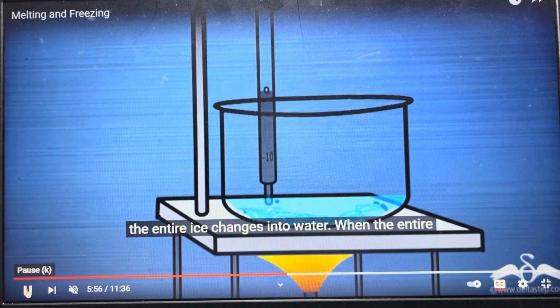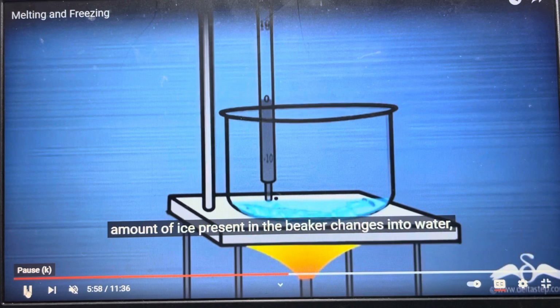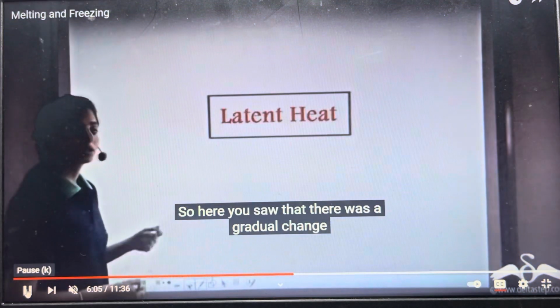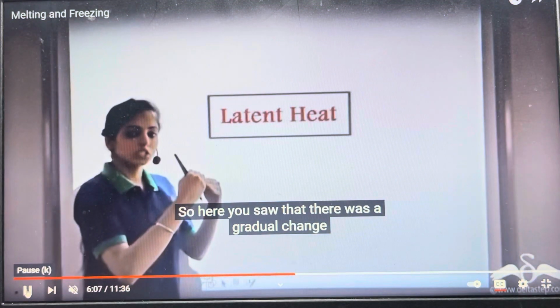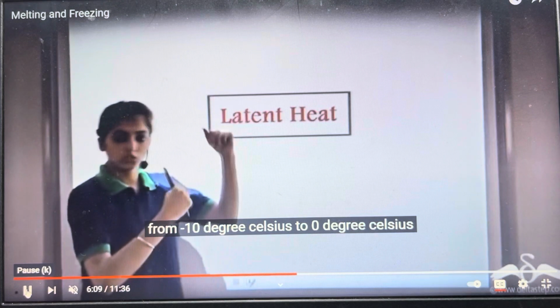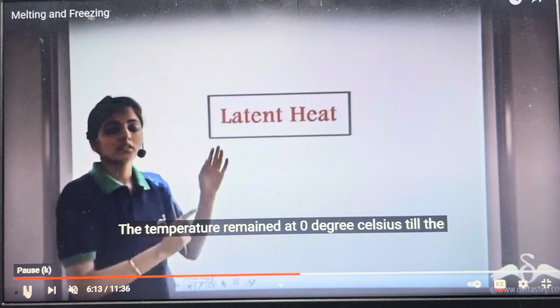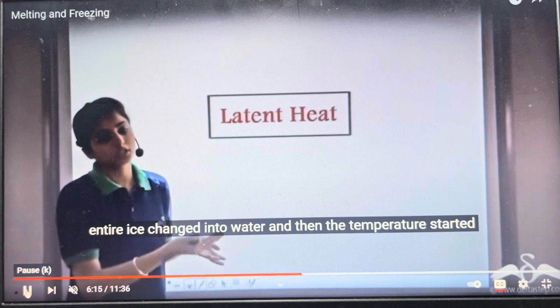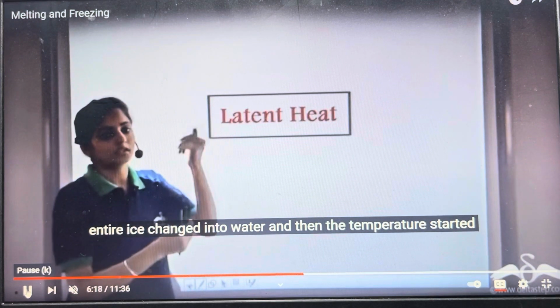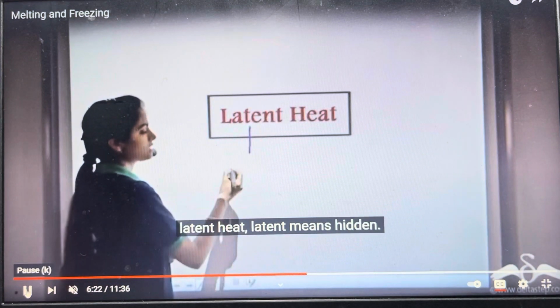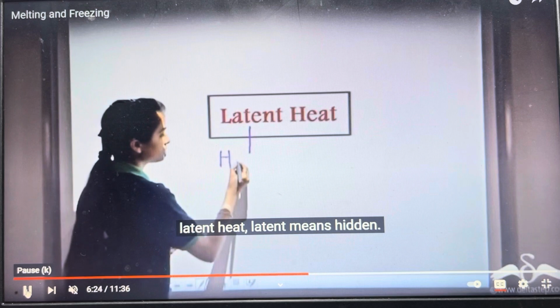When the entire amount of ice present in the beaker changes into water, the temperature again gradually increases from 0 degrees Celsius. So here you saw that the temperature remained at 0 degrees Celsius till the entire ice changed into water, and then it started to rise again. This heat is latent heat. Latent means hidden.